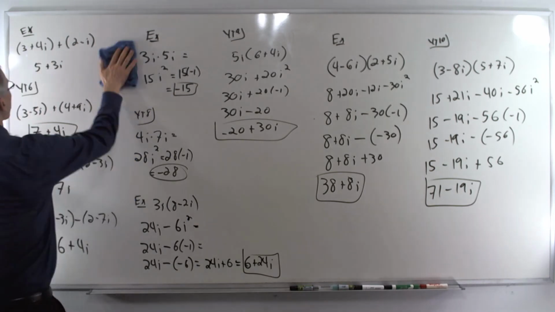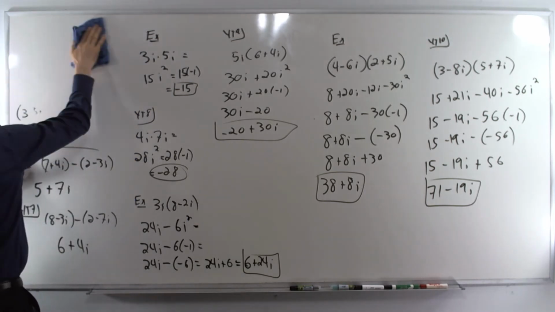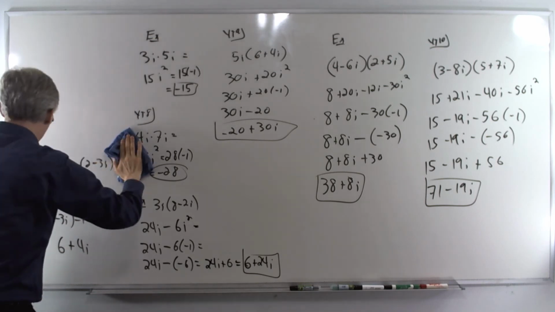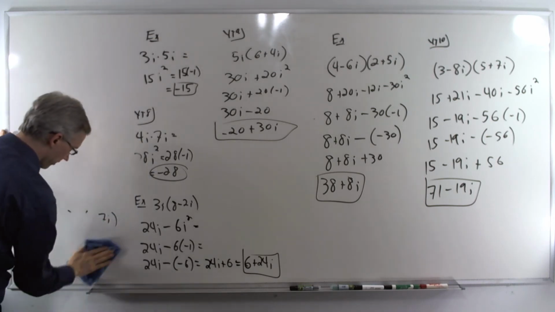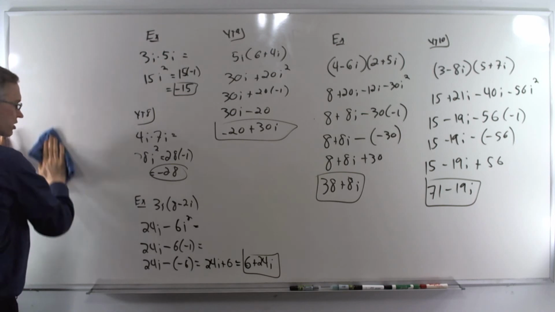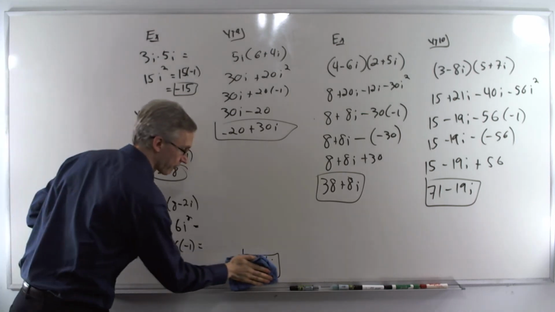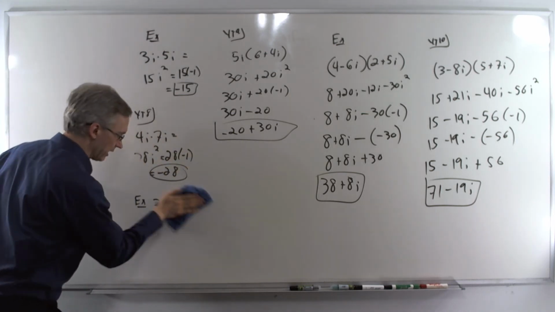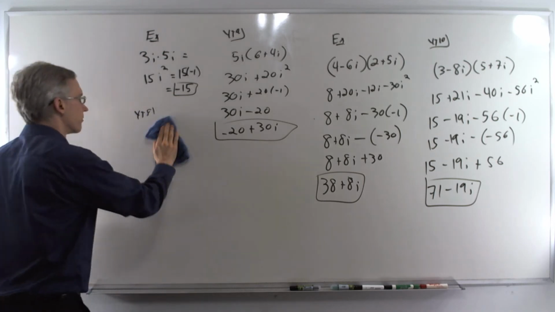Now dividing complex numbers is going to require the use of what's known as the complex conjugate. And we've seen a conjugate before when we worked with radicals, and it's the same idea, but with imaginary numbers.